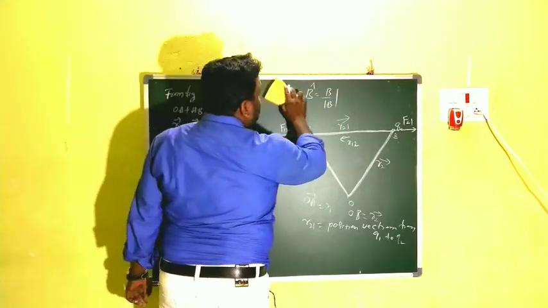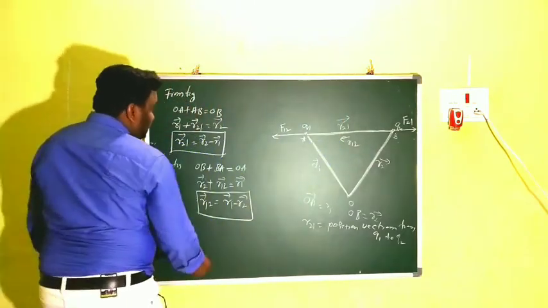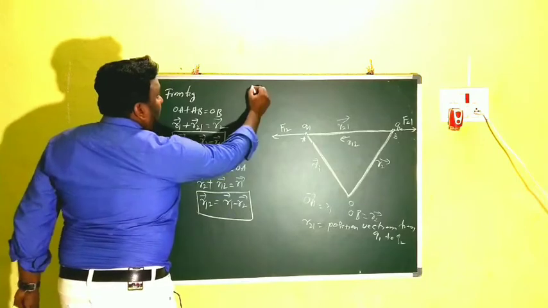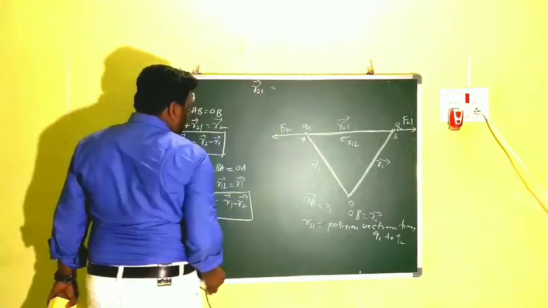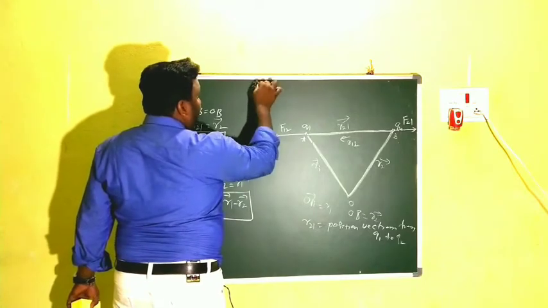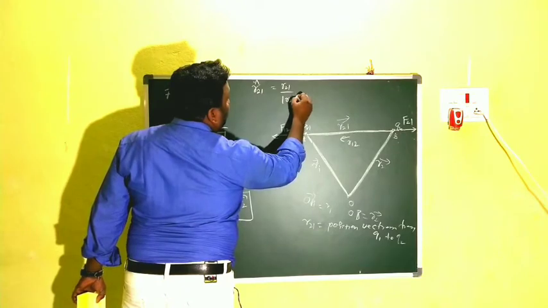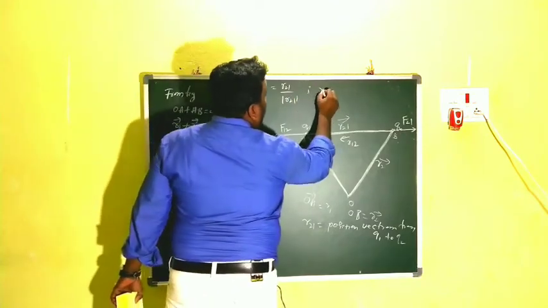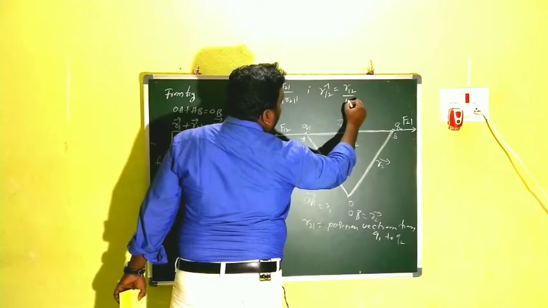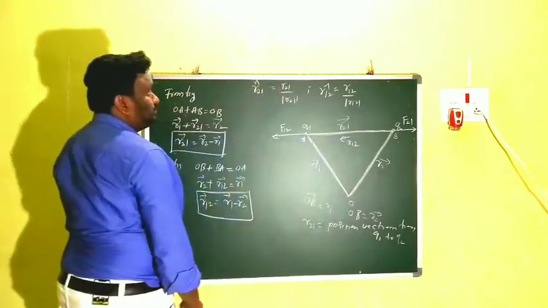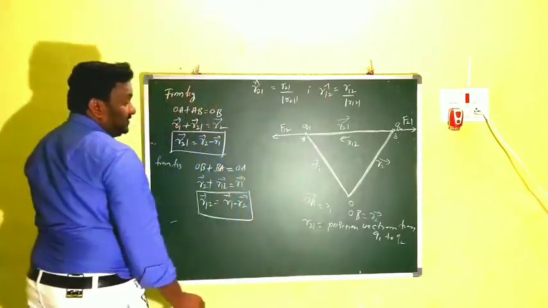Then like this, R21 cap, the unit vector, is R21 by mod of R21, and R12 cap is equal to R12 by mod of R12. So now we have the values for the R21 and R12 unit vectors.